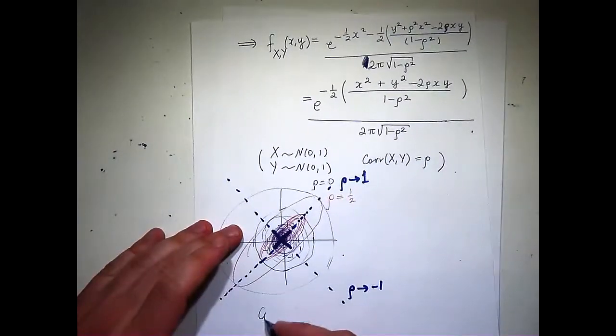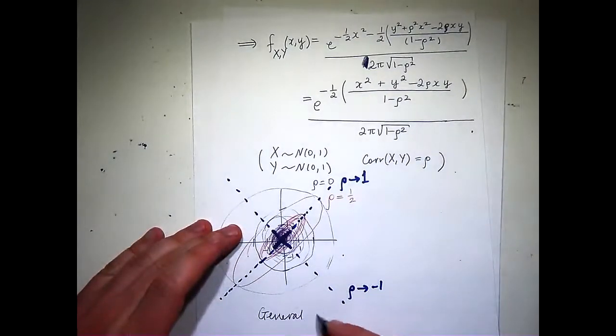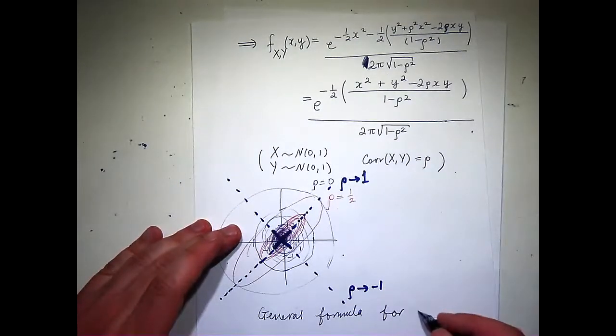The general formula for the density function, PDF, which, it went without saying, but I mean the joint PDF of the bivariate normal.